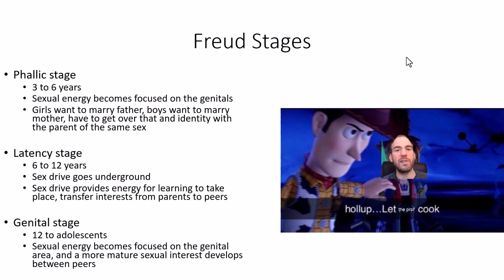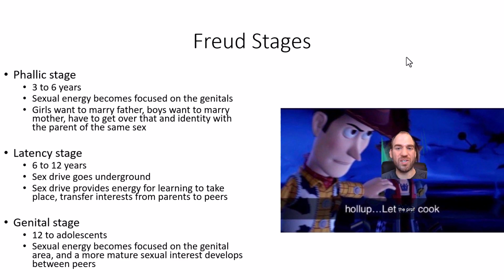So you can broadly see here how there's this abstract notion of sexual energy that gets transferred to different parts of the body, and consequently is correlated with specific challenges. For example, you have the toilet training issues, and you have the classic Freud argument that girls want to marry their fathers, boys want to marry their mothers, boys want to kill their fathers, girls want to kill their mothers because they want to marry them, but then they have to get over that and identify with the parent of the same sex.